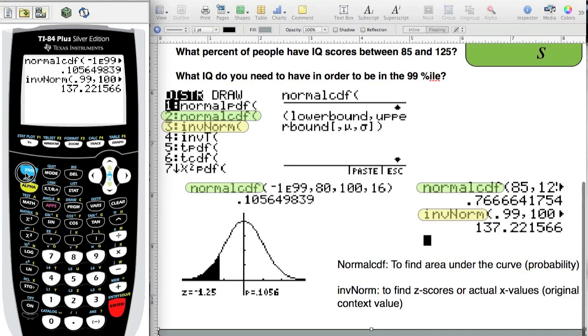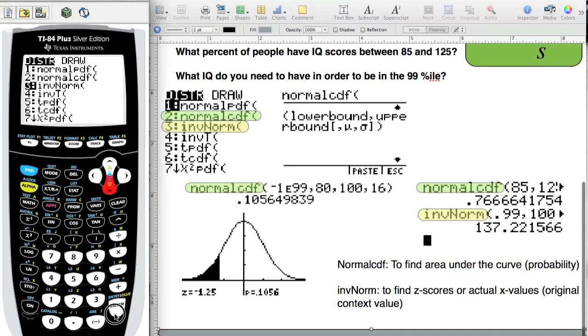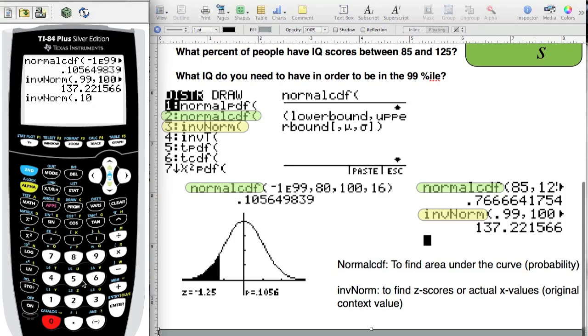So we'll do second, vars, inverse norm, 0.1056, comma, 100. We're going to see if this gives me approximately 80. It probably will round to 80 because I've estimated that decimal value. So we hit enter. It should be almost exactly 80. So that's just another way of confirming that this does give me back what I started with here.